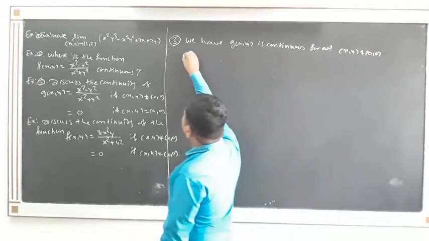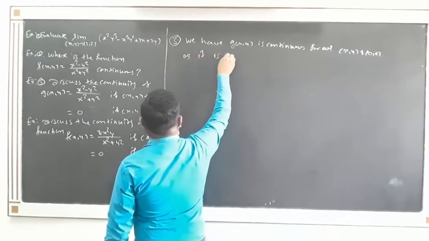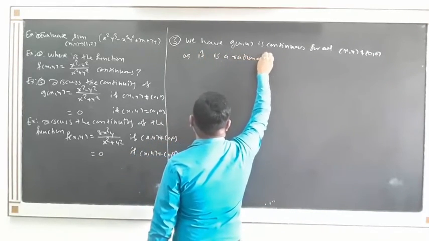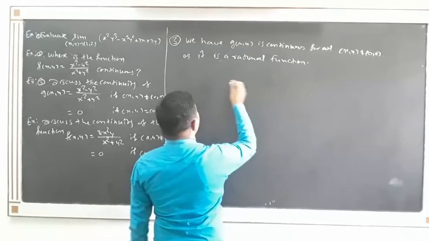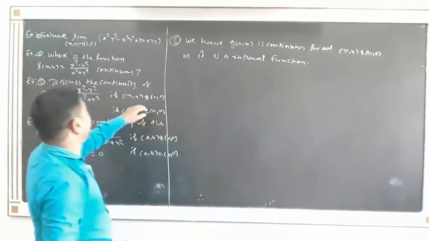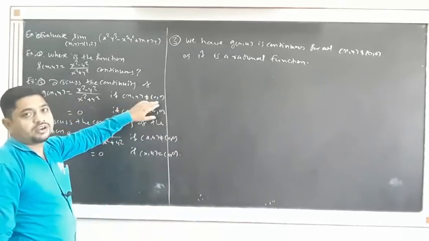Why? As it is a rational function. So now what is remaining? It is continuous for all points where xy is not equal to 0, 0.